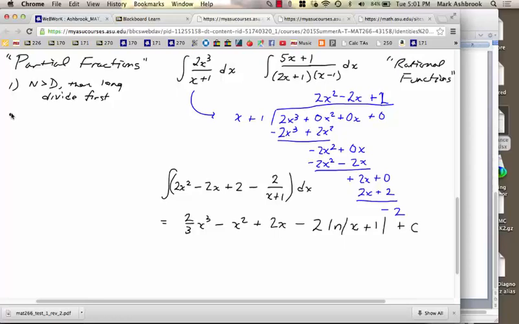So in the partial fractions technique, we're going to rewrite the quotient.